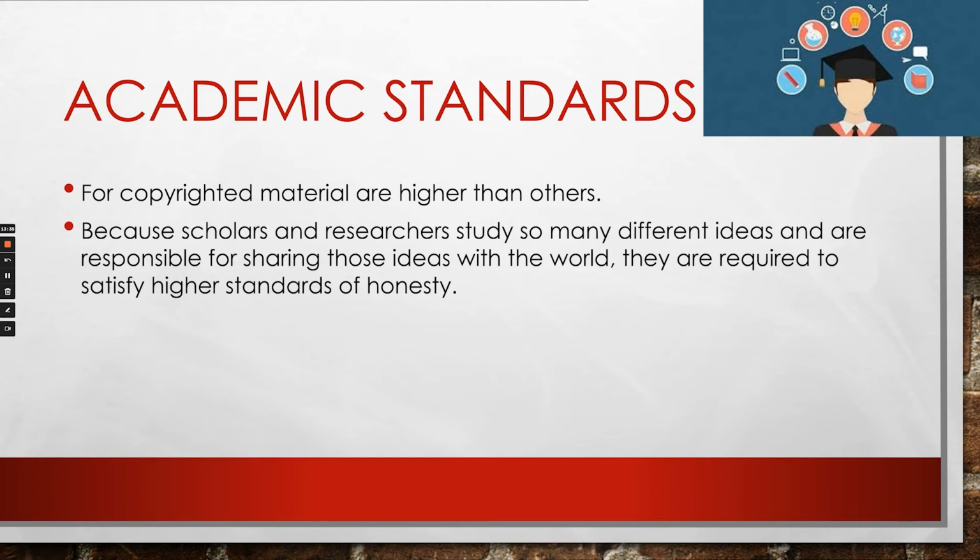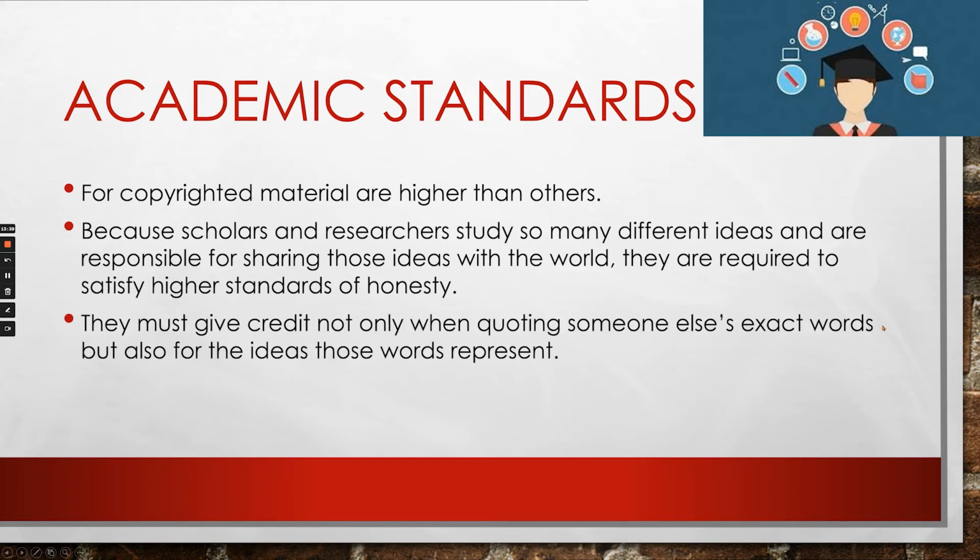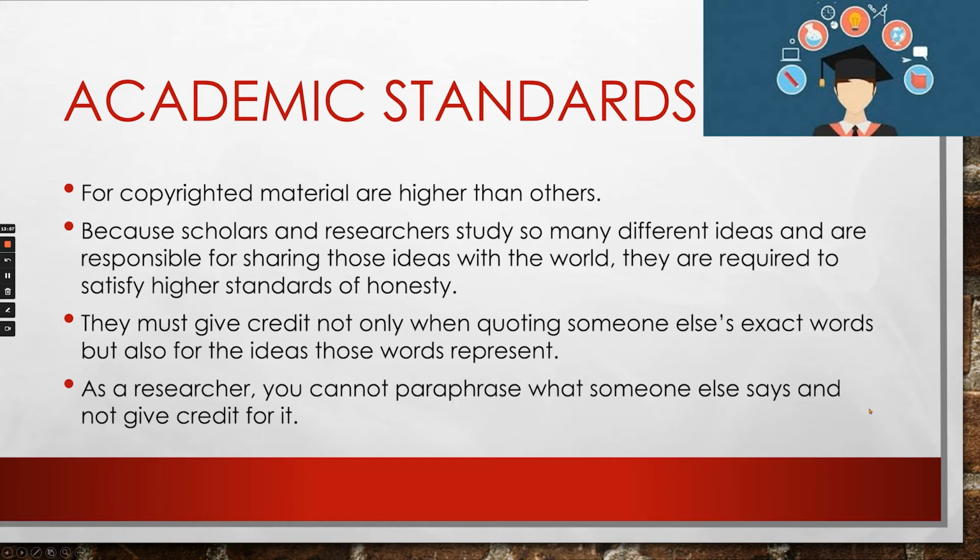Once again, this is why when you are writing an English paper, you have a higher responsibility to give credit when you quote someone else's ideas, because think about it, that is intellectual property, something that somebody has written. So when you are writing a research paper or an English paper, that is one of the reasons why you must cite your quotations. As a researcher, you cannot paraphrase and not give credit for it. You can't just take their ideas and change the words around.